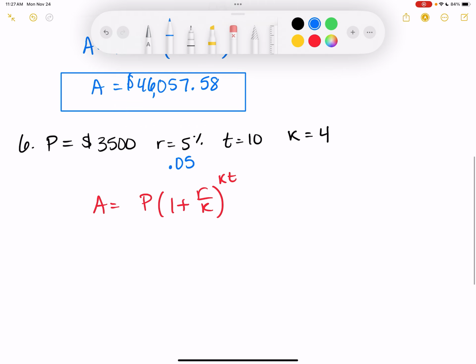Why is it R over K? Because that's what the formula is. Is the rate 5% every year? No. It's at a rate of R compounded K times per year. This is the formula for this. I just don't understand why.